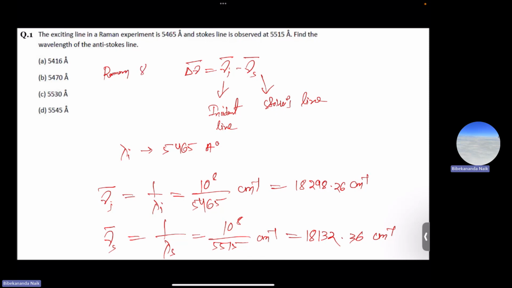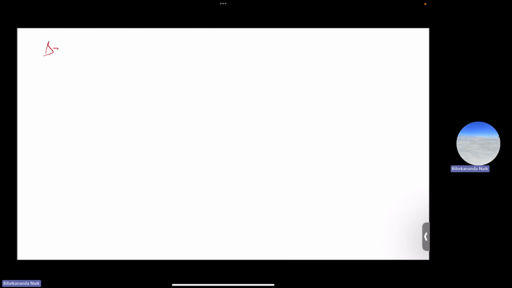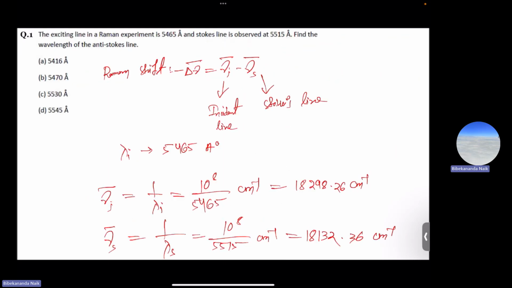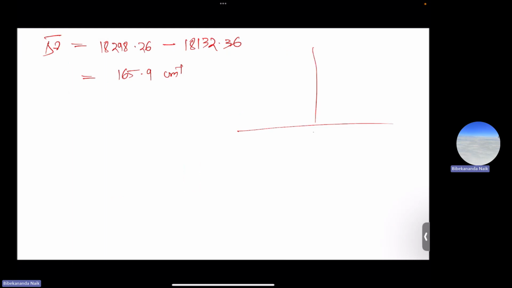Raman shift is 18298.26 minus 18132.36, which is equals to 165.9 centimeter inverse.